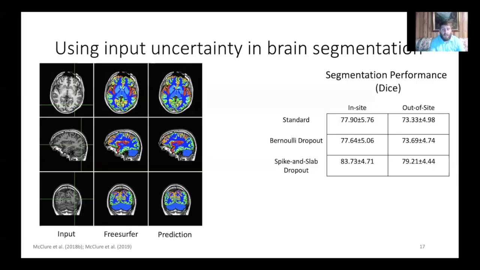What we saw is that the Bayesian deep neural network with spike and slab dropout significantly outperformed the other methods, both on the inside test set, that is, test examples taken from the same data sets from which the training data was sampled, and on the out-of-site test set, that is, test examples drawn from data sets that were not used during training.